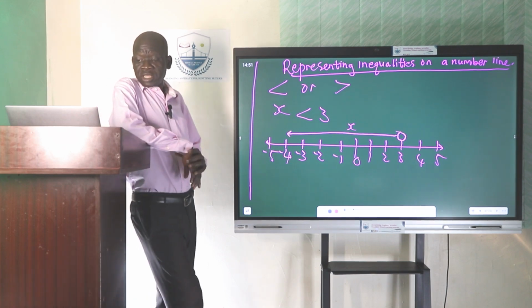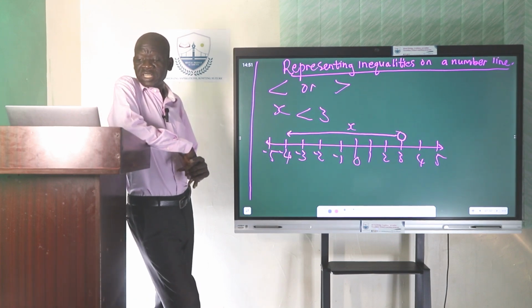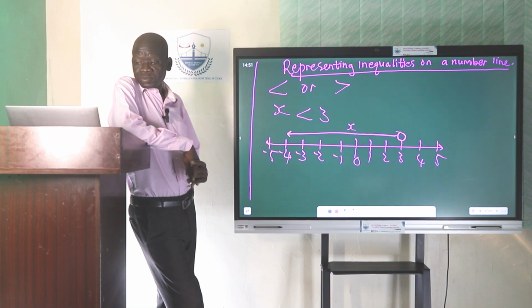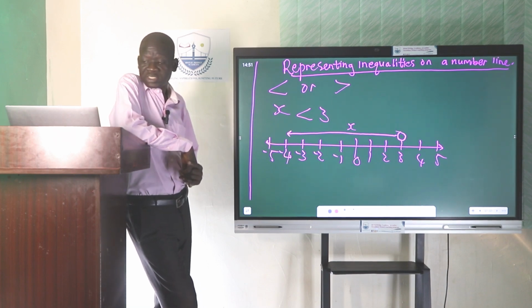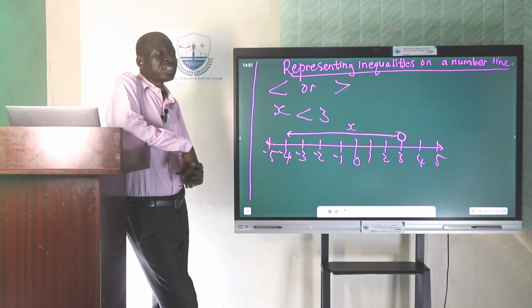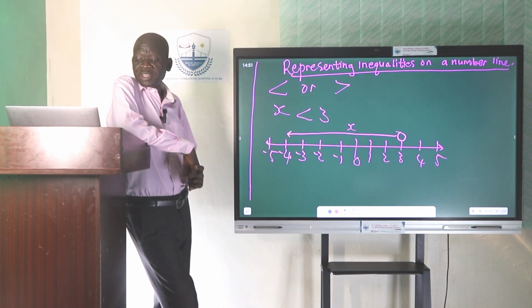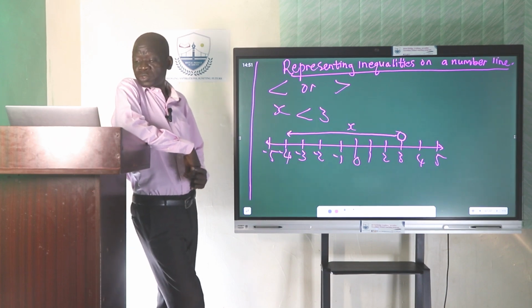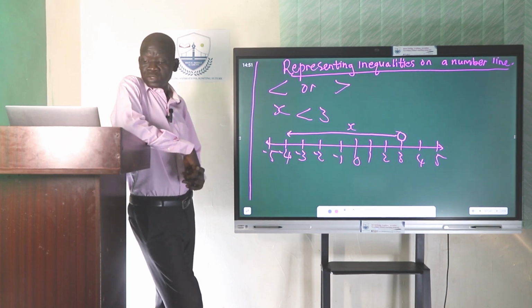However, if the inequality has a less than or equal to, or greater than or equal to symbol, for example, x is less than or equal to 3, it means that 3 is included in the range of values of the solution to the inequality.